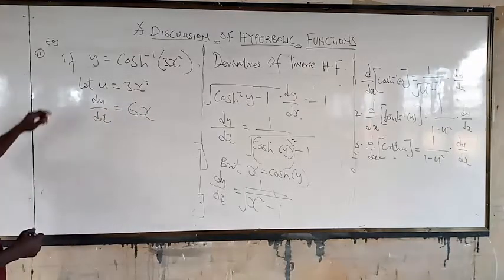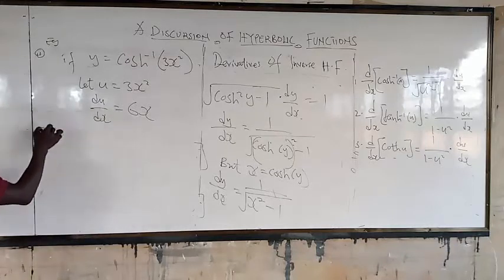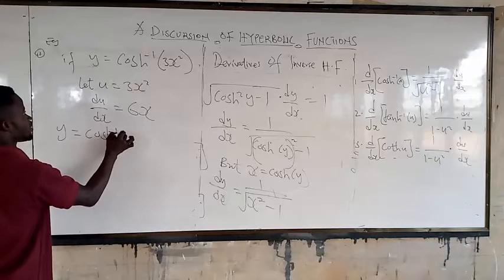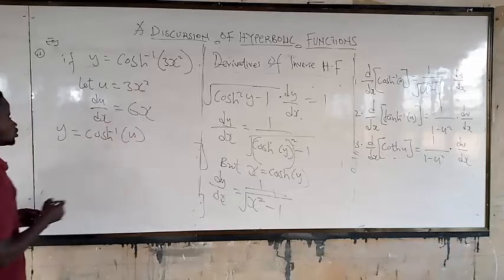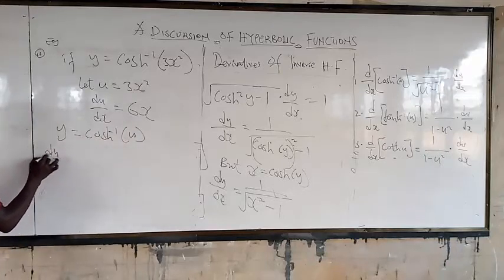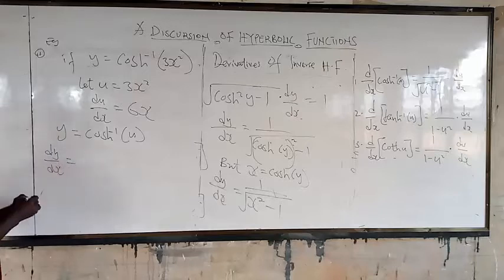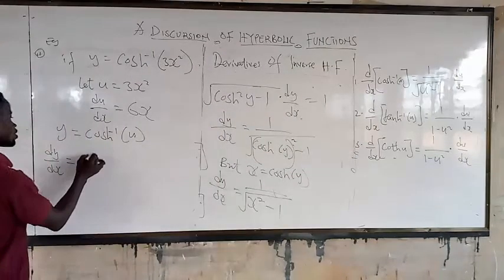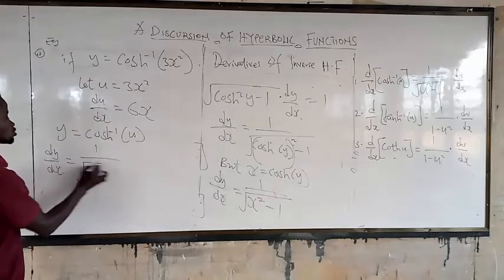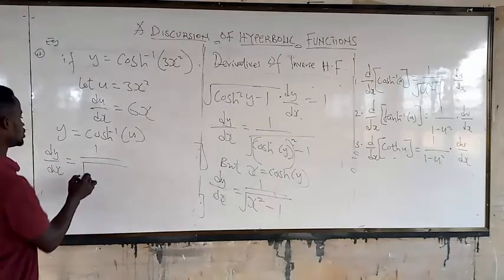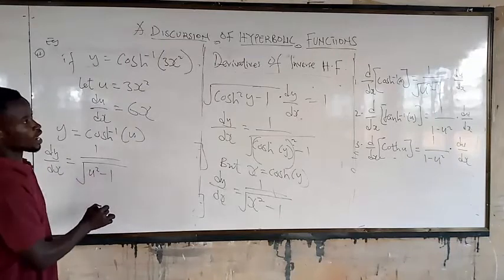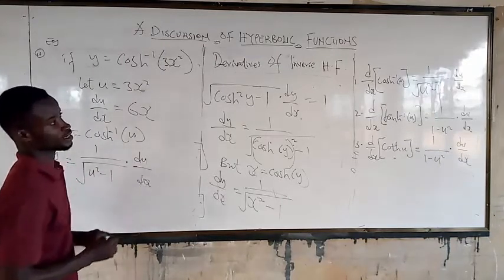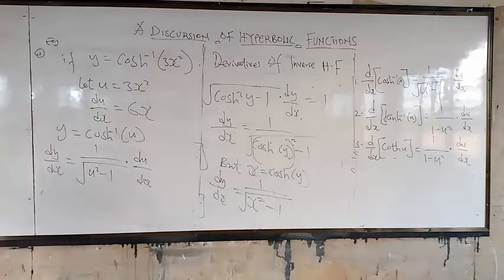Alright, now we have y is equal to cot inverse of u. Alright. But dy/dx of cot inverse u is equal to minus 1 over square root of u squared minus 1 times du/dx. Beautiful.